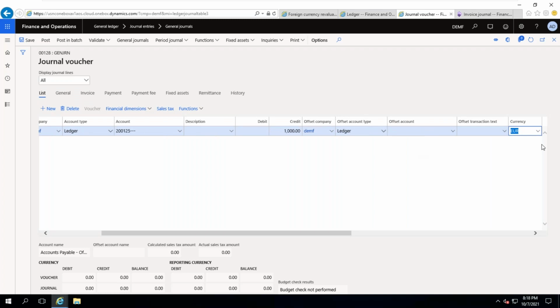Here the company currency is euro, but it was selected as 1000 GBP.